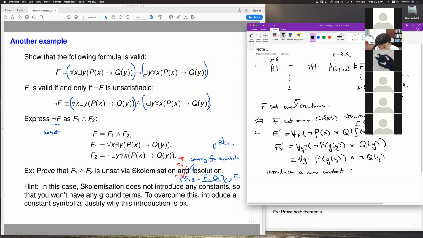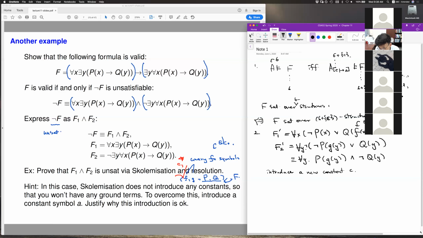Okay, so in this setting, here's how the proof works. We first instantiate the top things using g of y. So here's the plan: we instantiate the matrix of F1 prime, which is this part.